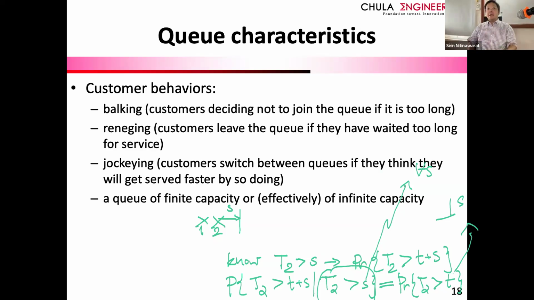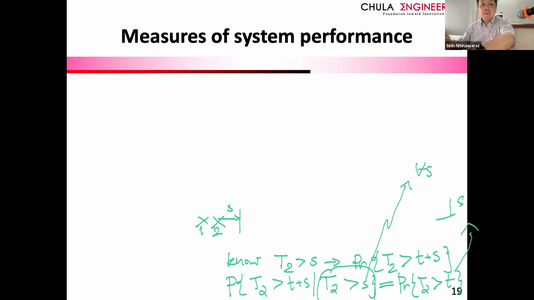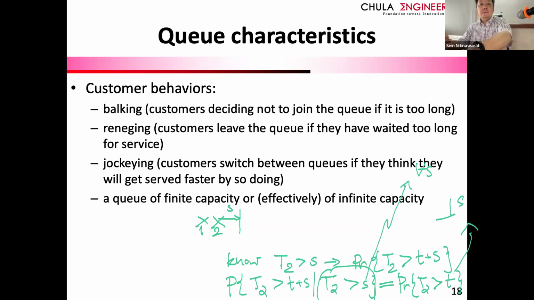And realistic queues, something like queues in the routers, they all come with finite capacity. But for some idealistic situations, if the capacity is considerably large, we can assume that it's infinite. So those are three elements of any queuing system.